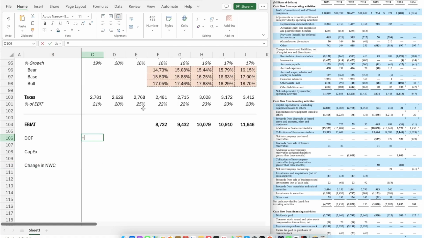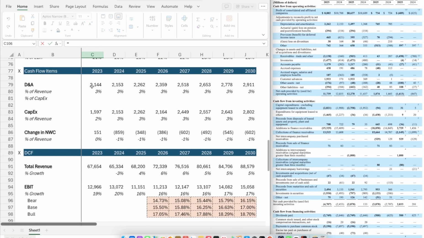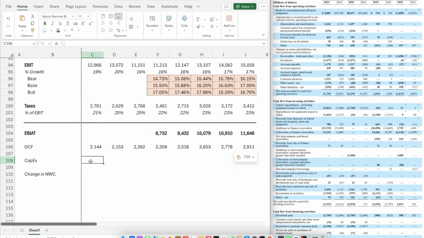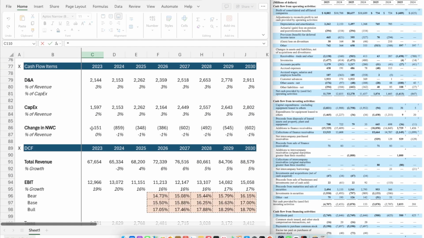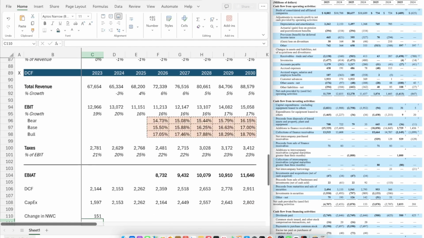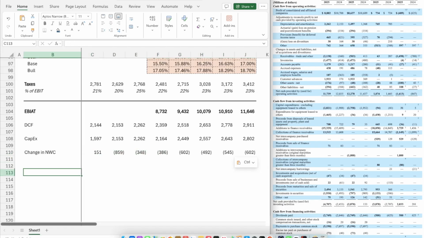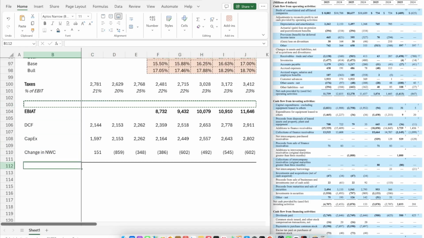Put these equal to what we calculated here. C83. Do this format again.